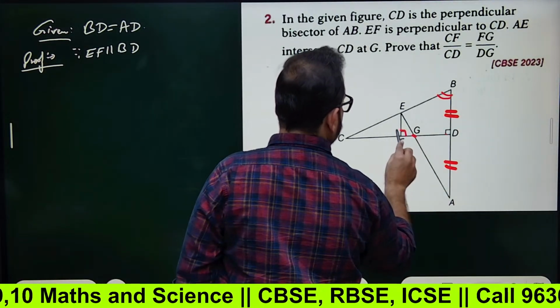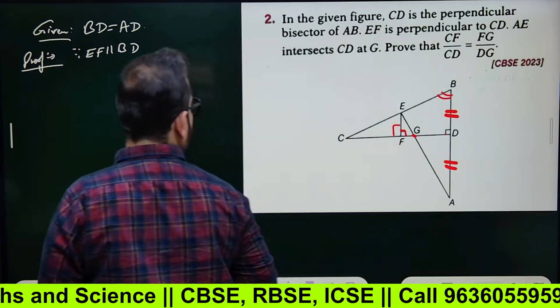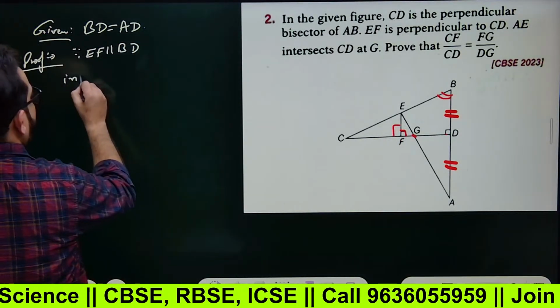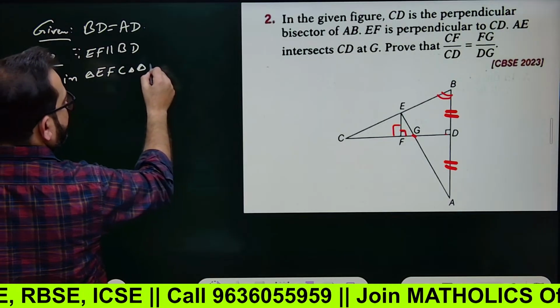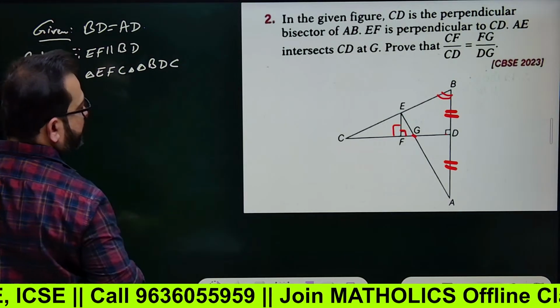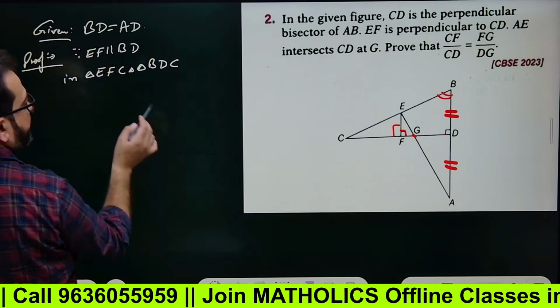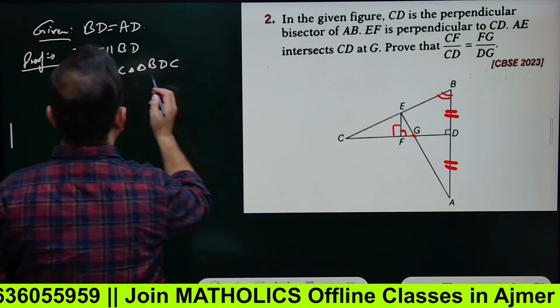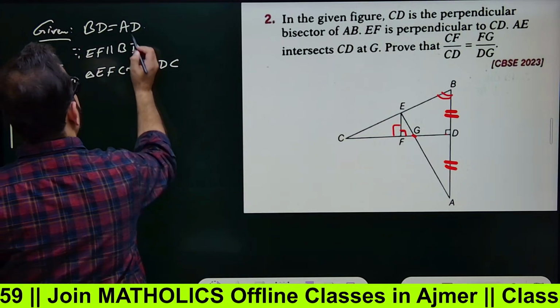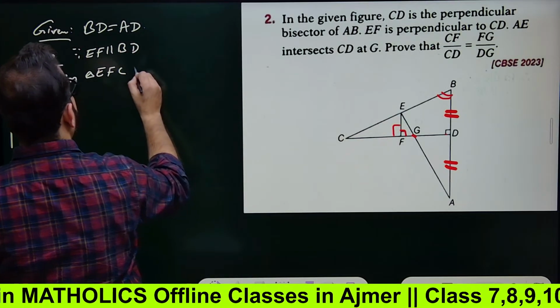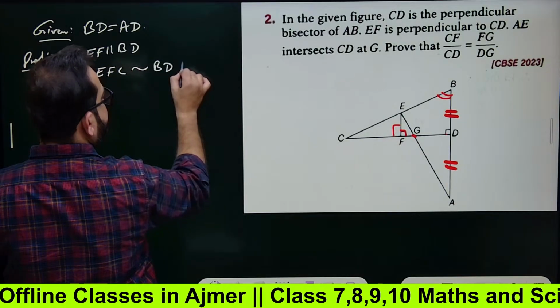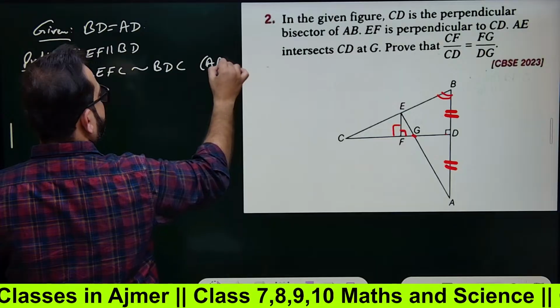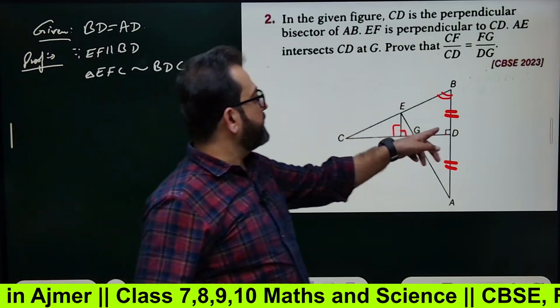And this angle is obviously 90 degree. So in triangle EFC and triangle BDC, we can write these triangles as similar. How many of you can see triangle EFC is similar to triangle BDC? Yes, by AA similarity. This angle 90, this angle common.